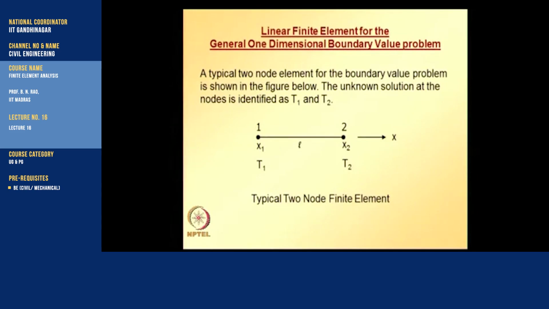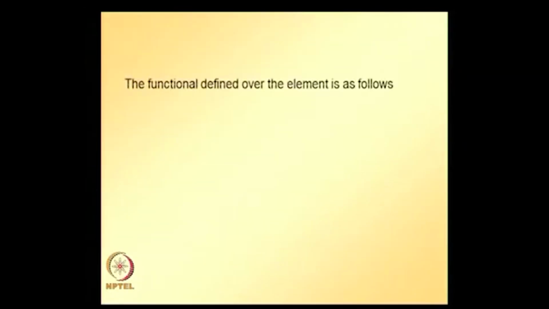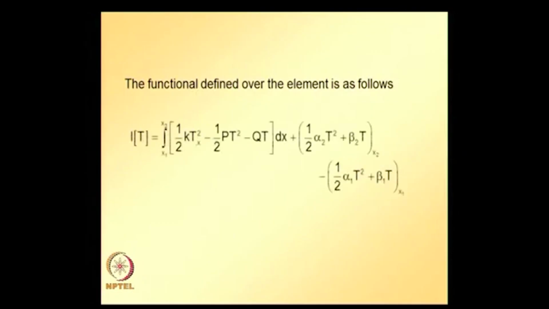So, since we are taking a 2 node finite element having node 1 at x1 and node 2 at x2, the functional that we derived can be defined over this element like this. Functional defined over the element is as follows.